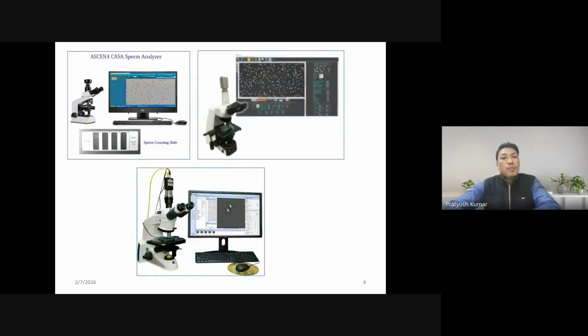Now some of the technologies. AI, artificial insemination, is the first generation assisted reproductive technology in veterinary science. After that, new technologies have come up. Out of that, CASA, computer assisted semen analyzer, gives the accuracy of sperm motility.